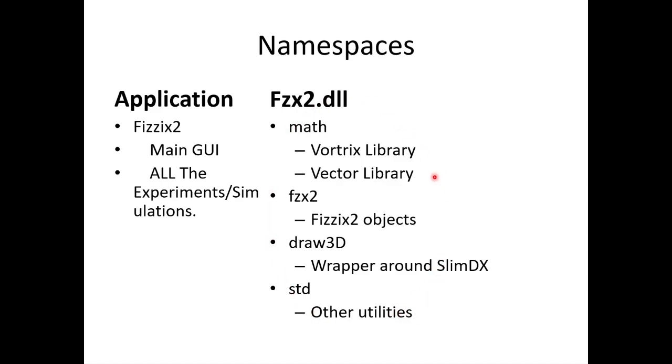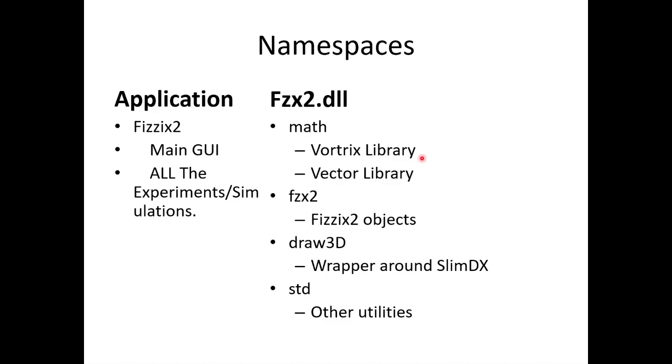Now, the reason why I kept these separate, and I'm not releasing the source code for these, is because in the future, when I have to replace SlimDX with some other drawing tool, I can replace it just by updating the library. Instead of you having to change all of your code, you just have to link to a new library.